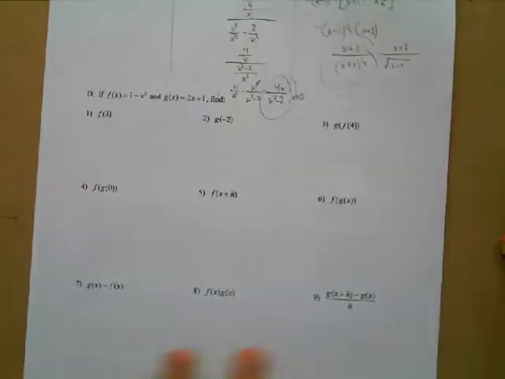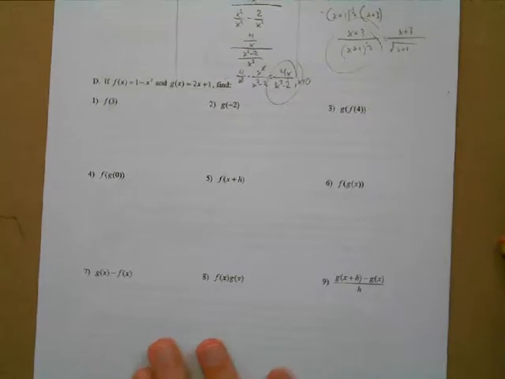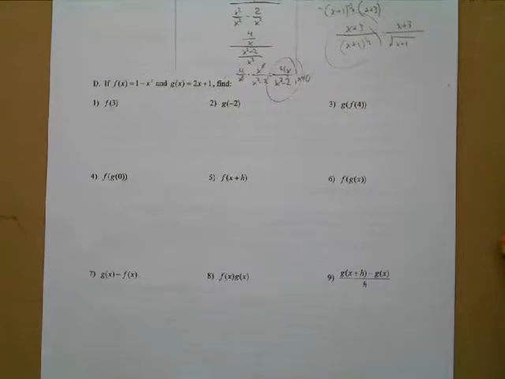Yeah, 2x's cancel. Positive 2x minus 2x. Plus 1 minus 1, they cancel. We'll have a 2h over h. And then we can finally cancel the h and we get 2. Okay, just the 2. And again, technically, I guess we could say h not equal to 0 there.